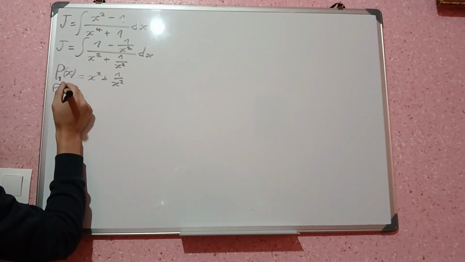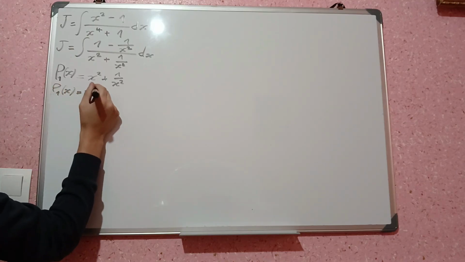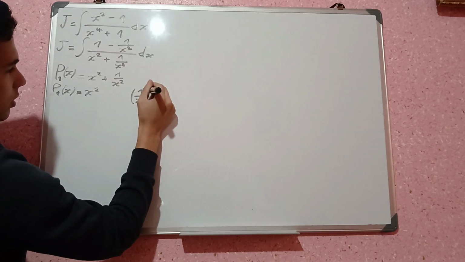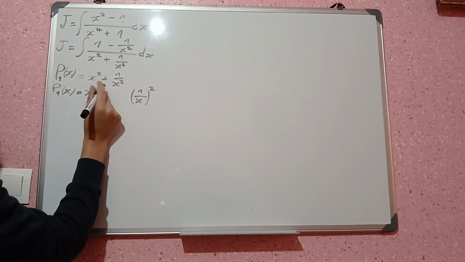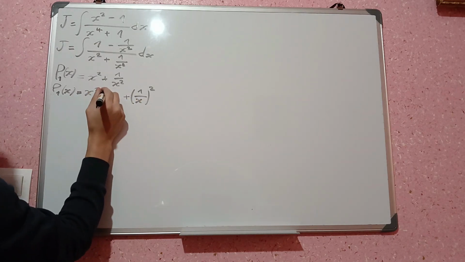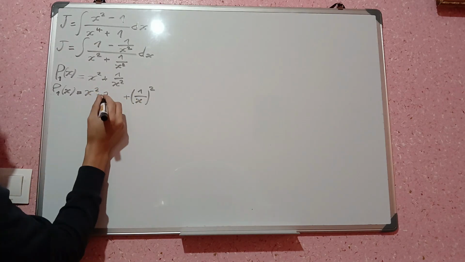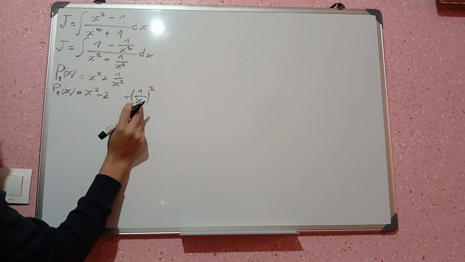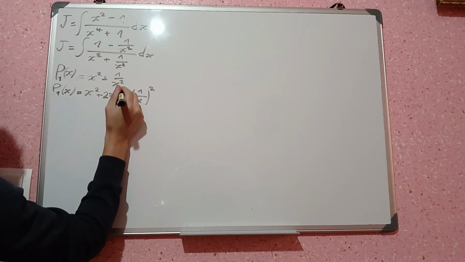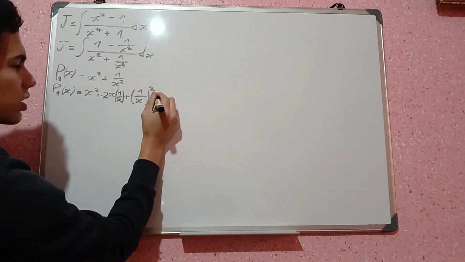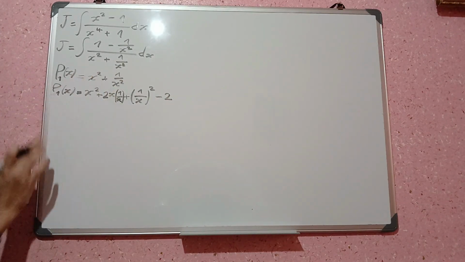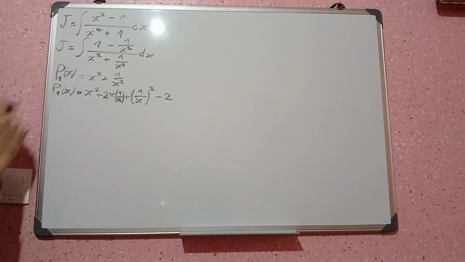To complete the square, we write x squared here and 1 over x squared here, plus 2, since x multiplied by 1 over x is 1, and twice that is 2. So let's just subtract 2, so this preserves the same value of p1 of x.